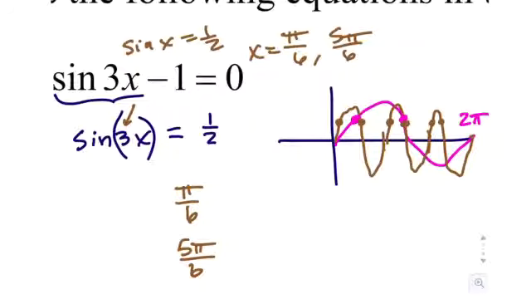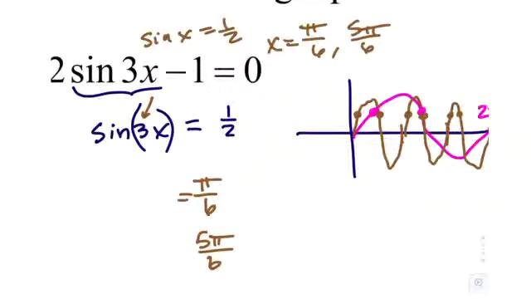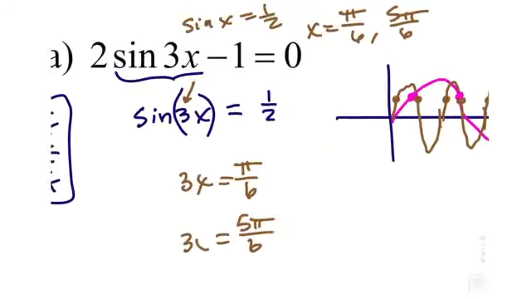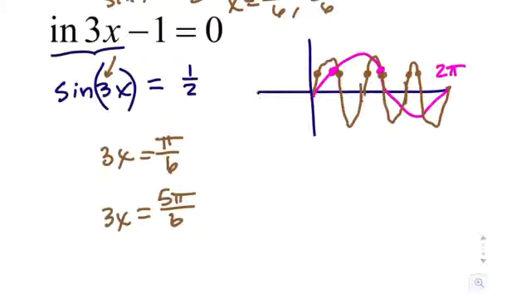But instead of those equaling x, they're going to equal 3x. All right, 3x. Now, here's an option that you have. If you want to put plus 2 pi n, you can do that. That's an option you have. I would kind of recommend that.